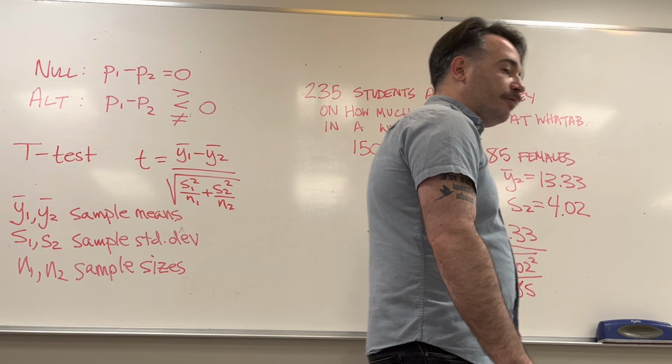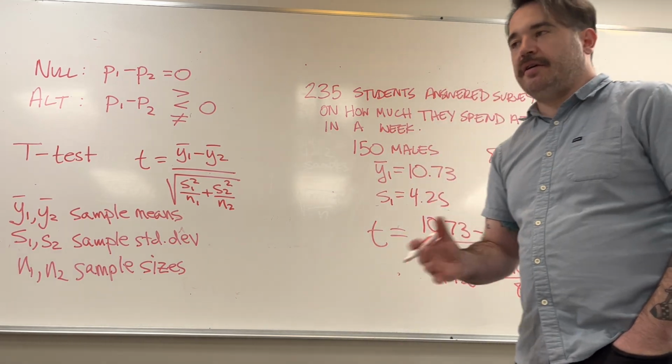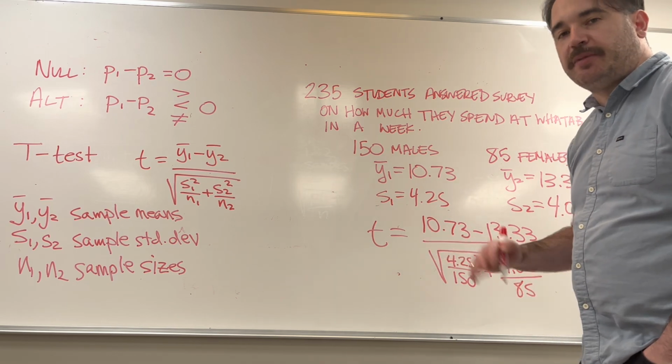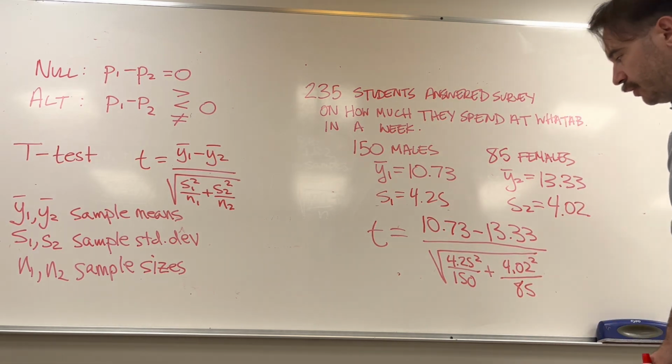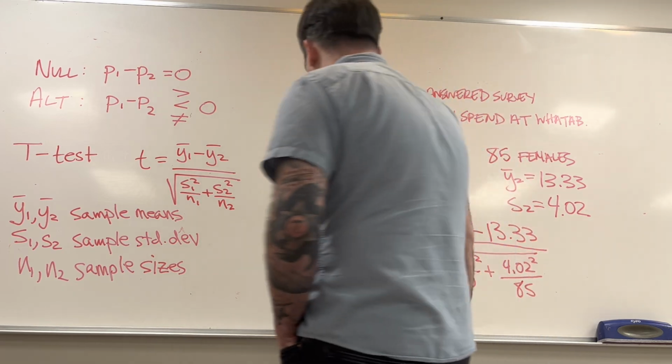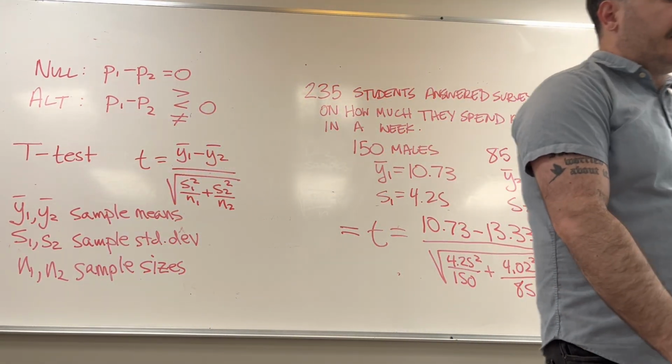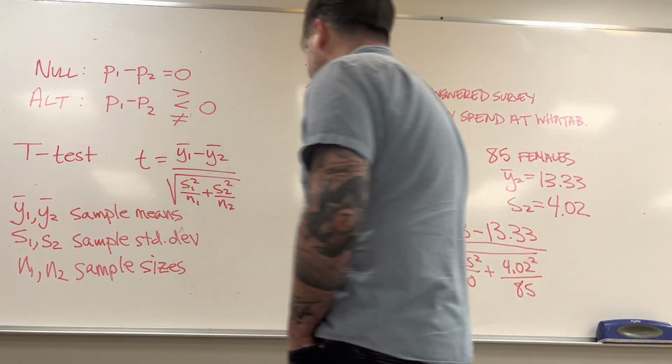So again, to figure out what our normal kind of variance or error should be, we're just mashing the two populations together. So when you run those numbers, you get a t-score of negative 4.66.